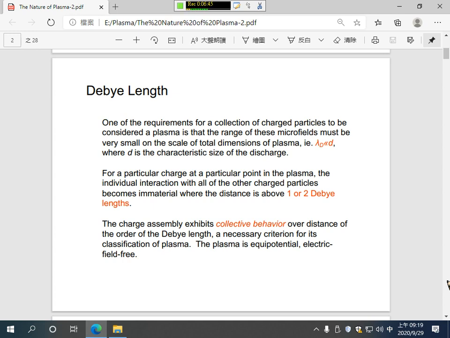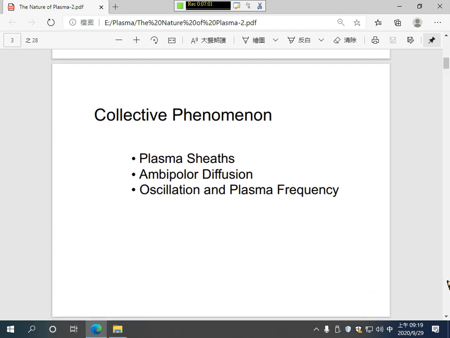And when we study the phenomena of plasma, we can study the collective phenomena. So in this second part, on the nature of plasma, I will go through three collective phenomena: the plasma sheath, bipolar diffusion, and the oscillation of plasma frequency.